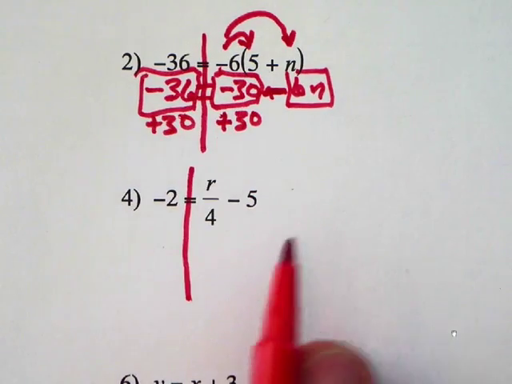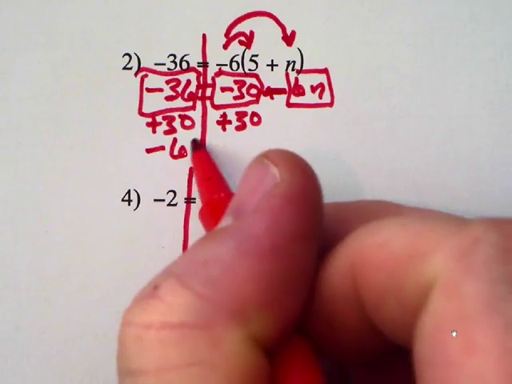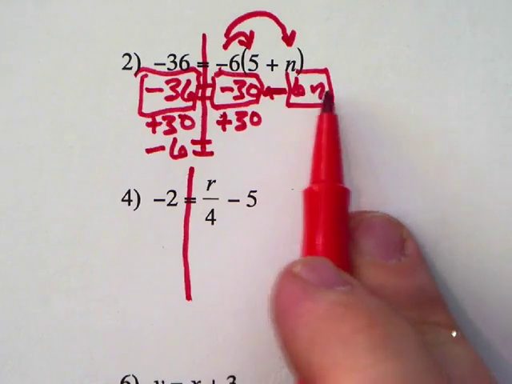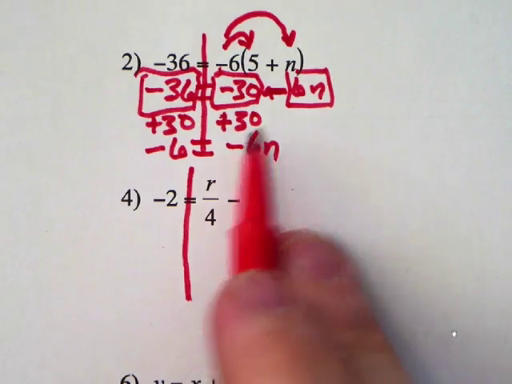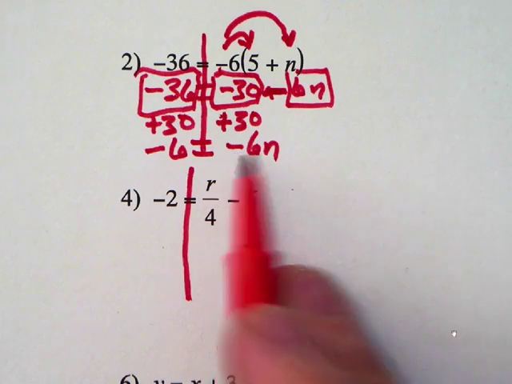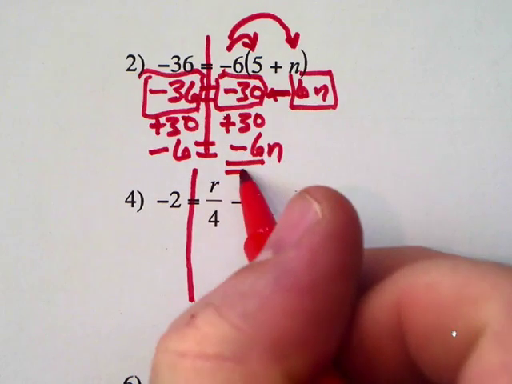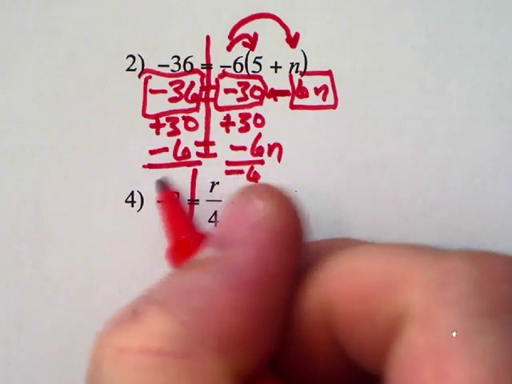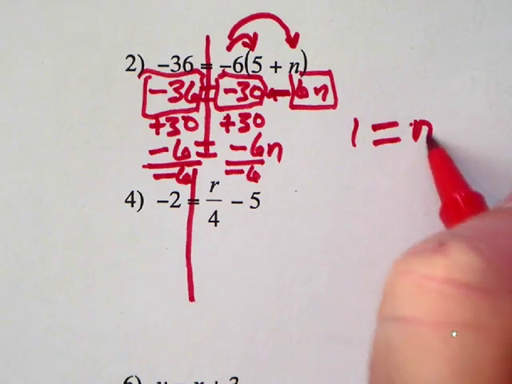We have to do it to both sides. Now we have negative 6 equals, and what's left? Just a negative 6n, okay, because that negative sign is still there, so it needs to still be there. Now, everything else is away, so we're just going to divide by negative 6 to get the n by itself, and we see that n equals 1.